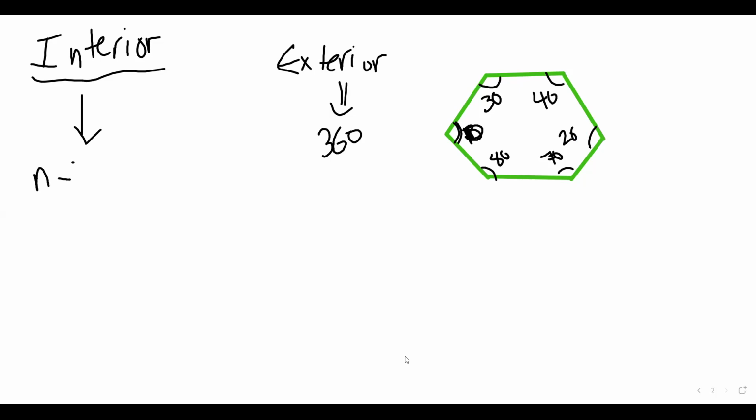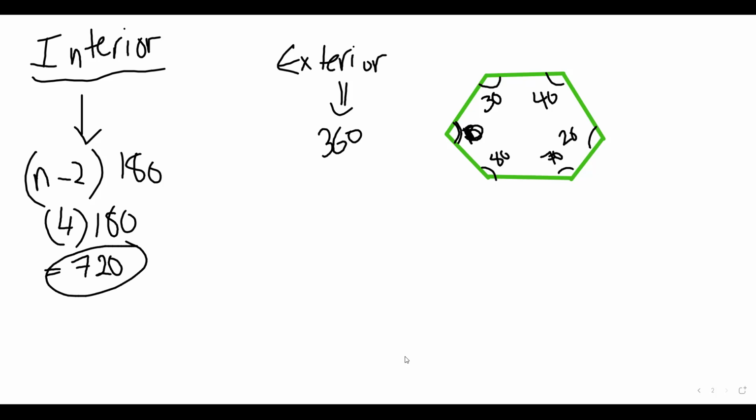N minus 2 times 180. So 6 minus 2 is 4, times 180, which is 720. So the summation of the interior angles for the hexagon is 720. But for the exterior, it must be 360.